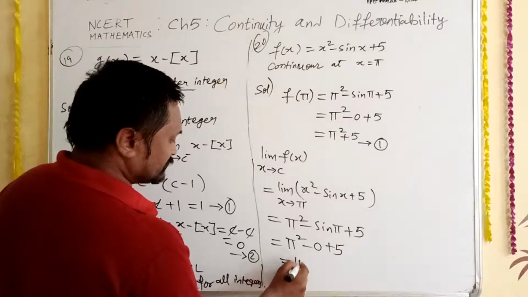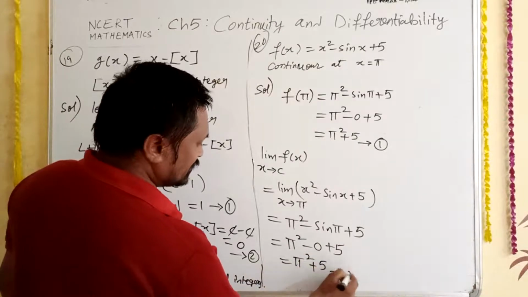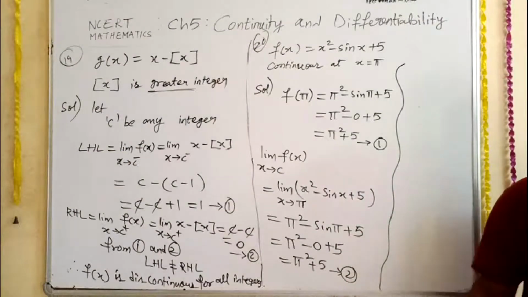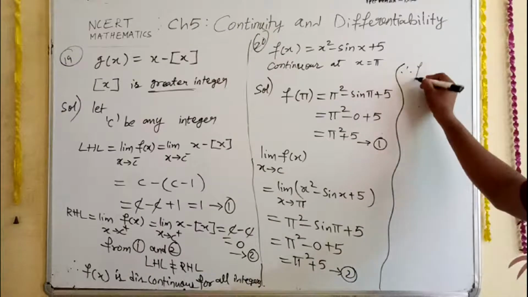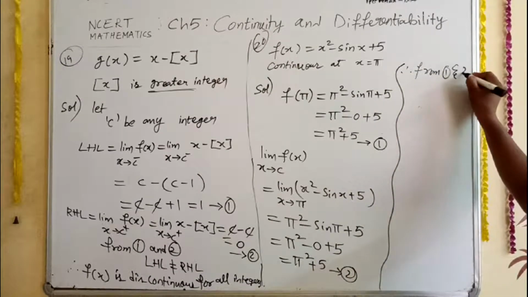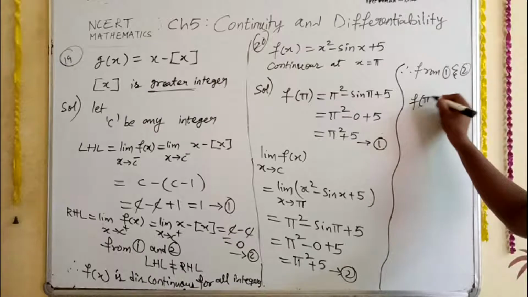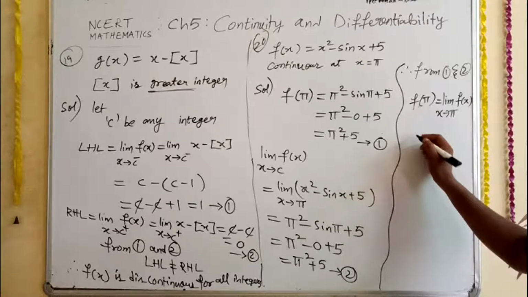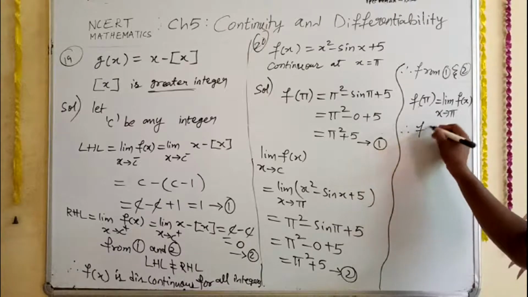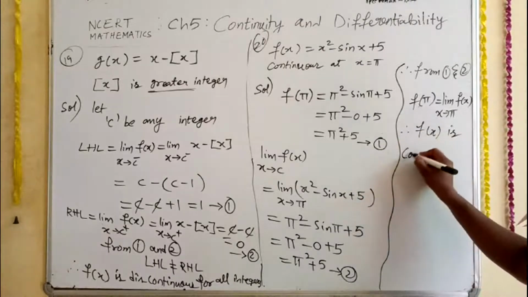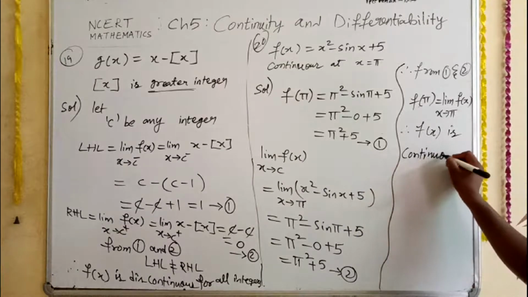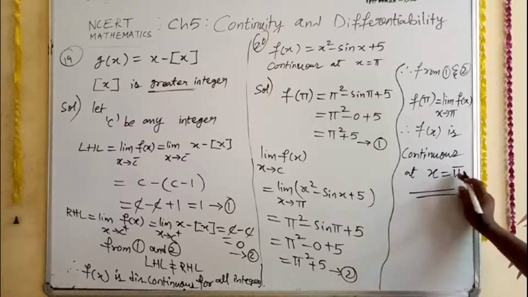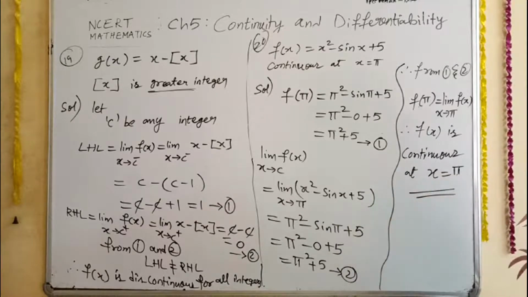So pi square plus 5. Equation number 2. At last what can I write here? Therefore, from 1 and 2, f of pi is equal to limit x tends to pi f of x. Therefore, f of x is continuous at x is equal to pi.